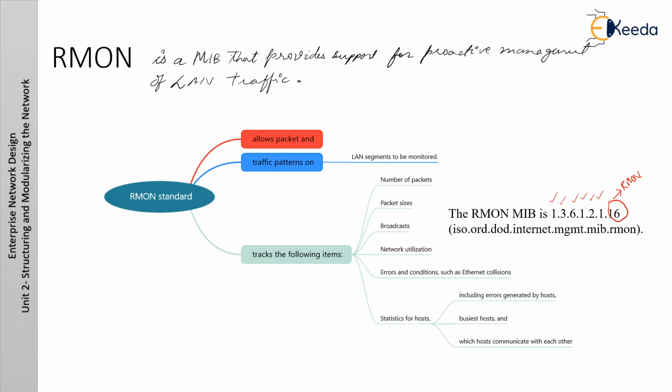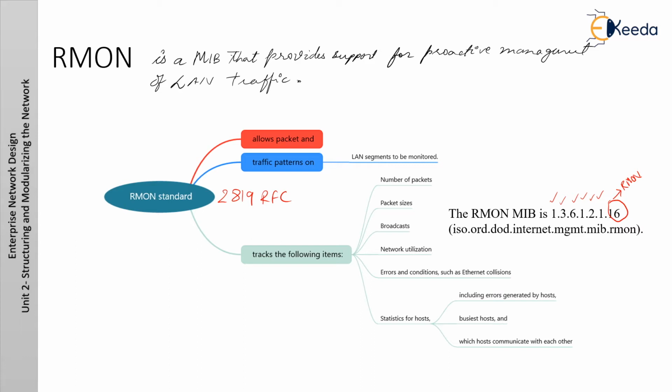RMON is defined as a portion of the MIB-2 database. RFC 2819, a Remote Network Monitoring Management Information Base, defines the objects for managing remote network monitoring devices.